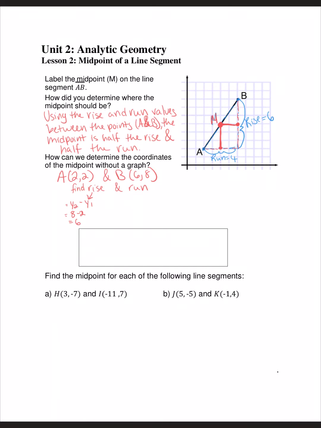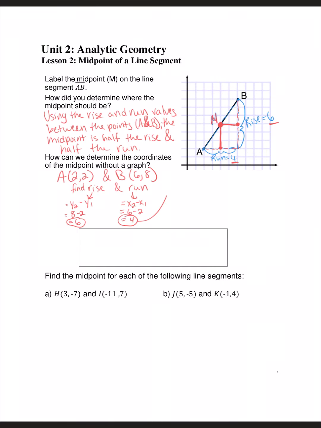Our run is the difference in our x values, so x2 minus x1, which is 6 minus 2, which will be 4. We can see that's what we got for our rise and our run when we look back at our graph. So whether we calculate it or we look at it on the graph, we find those values either way.